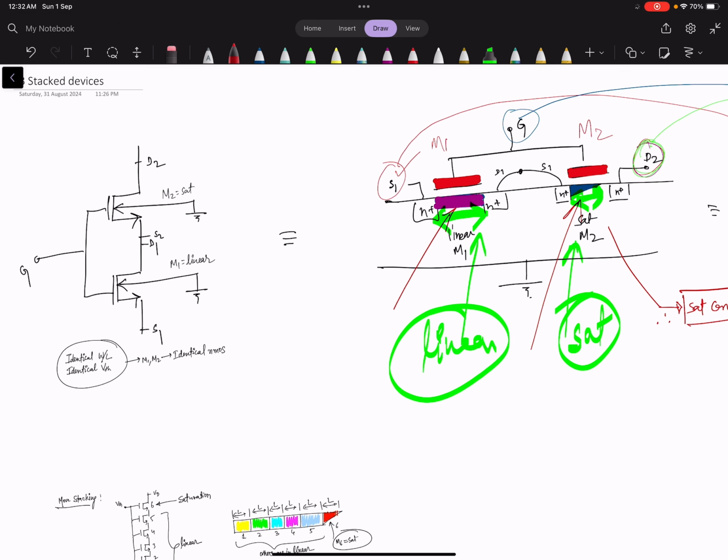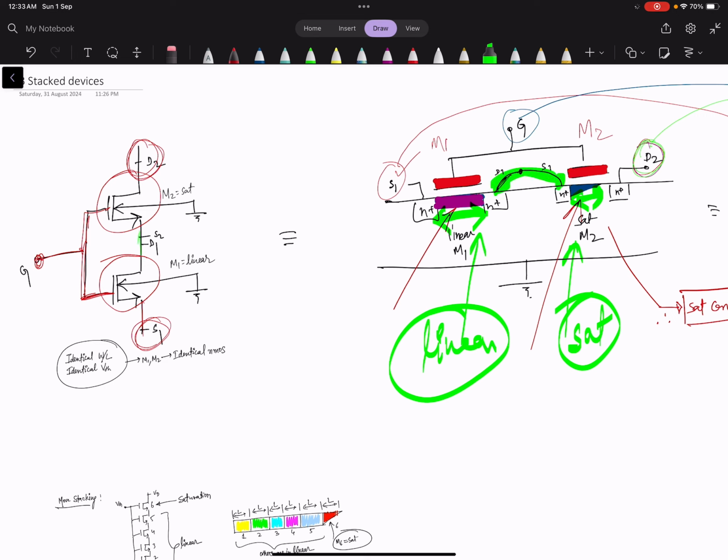So this is the first device and this is the second one. This is the gate, a common gate has been connected, and this is one source, this is one drain, and this drain was connected to the source.